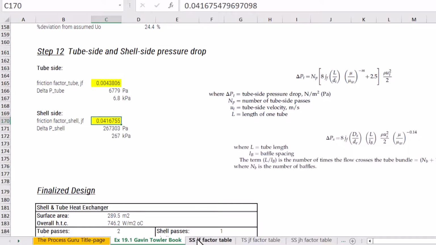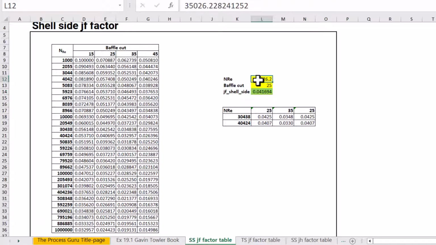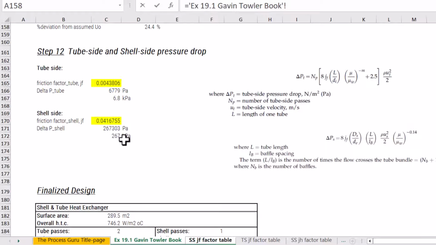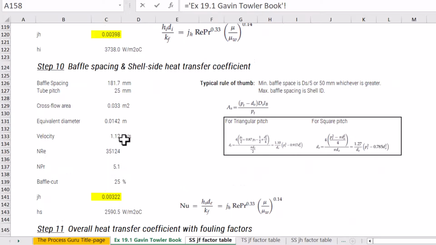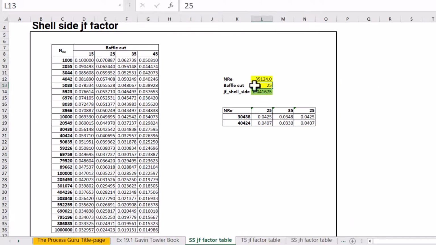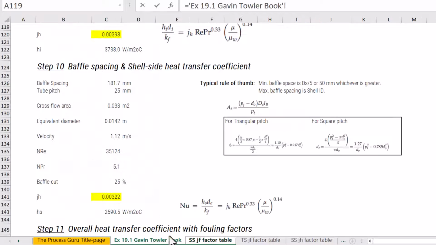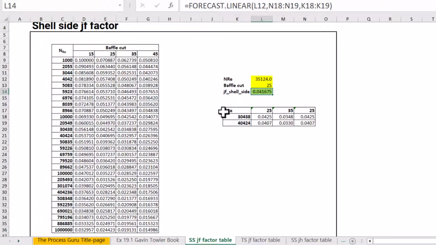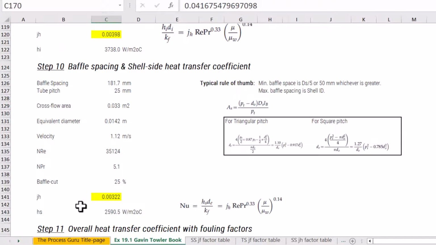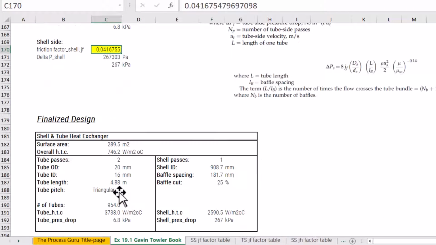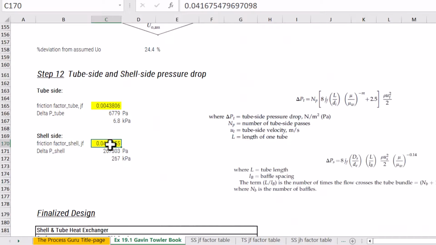So coming here, let me use this Reynolds number from the calculation sheet. The baffle cut is 25, and now we have the JF factor shell side. So I just need to link this.